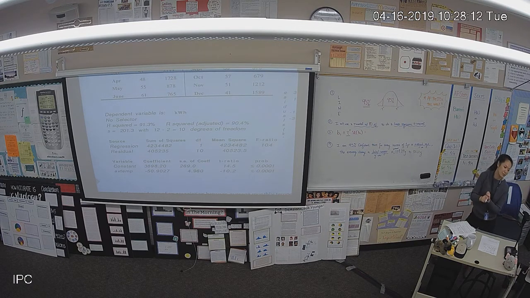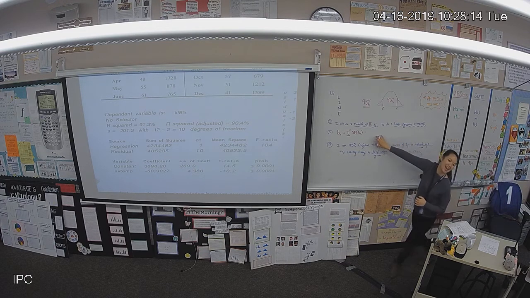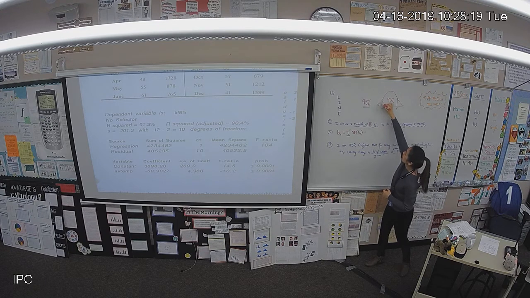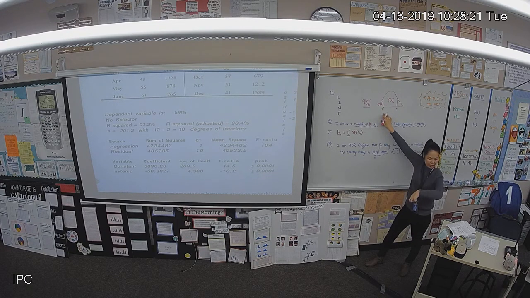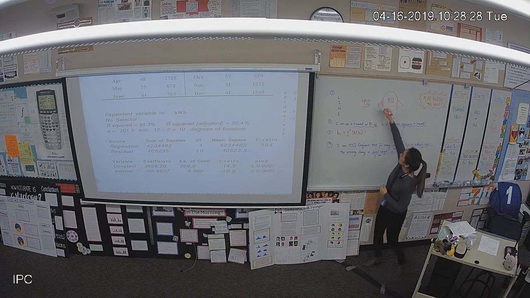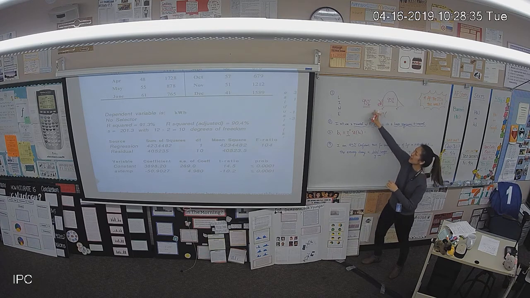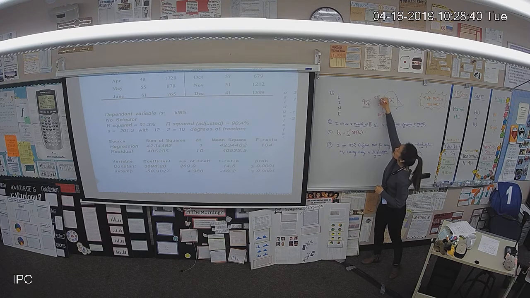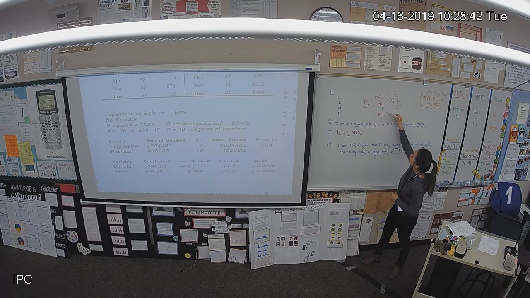No, that's for normal model. This is a t model. Does anybody remember what function on your calculator will get you this value? If you plug in the area, it gives you the t. Inverse t. Okay. So you're going to do inverse t of the area to the left. So what's the area to the left of this line? 2.5%. Nice. So we got 0.025, degrees of freedom of 10.